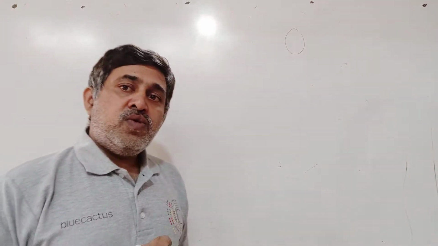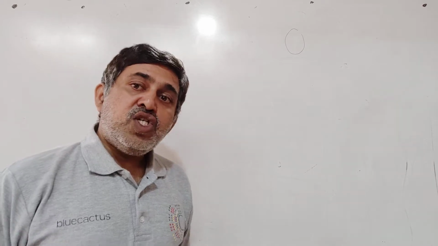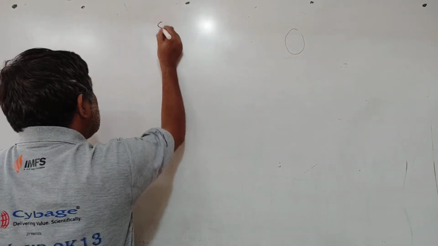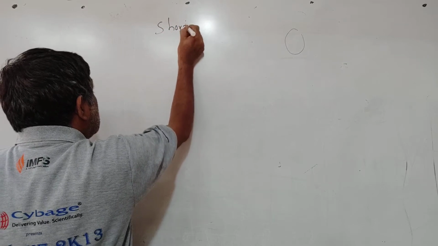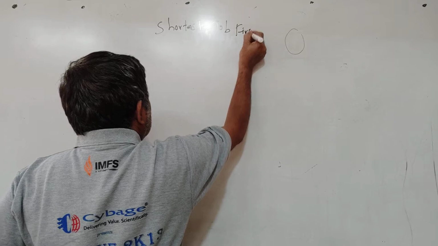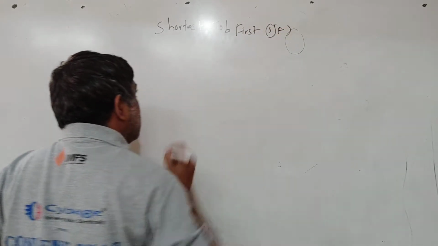Today we are going to study the next algorithm, that is shortest job first algorithm. We are going to see shortest job first, or it is also called as SJF algorithm.